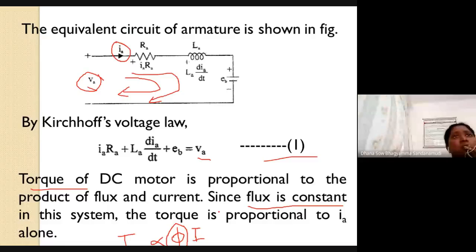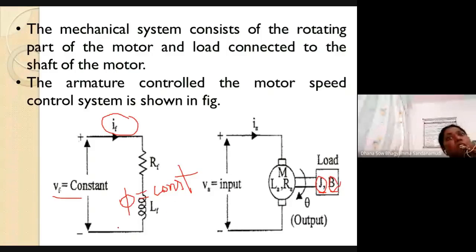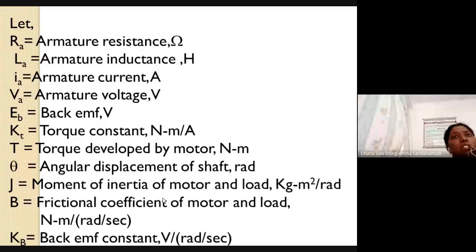Here the field voltage is kept constant, so the field current is constant. When the field current is constant, the flux induced in the field winding will also remain constant, because the voltage of the field winding is constant. So the flux is constant here.